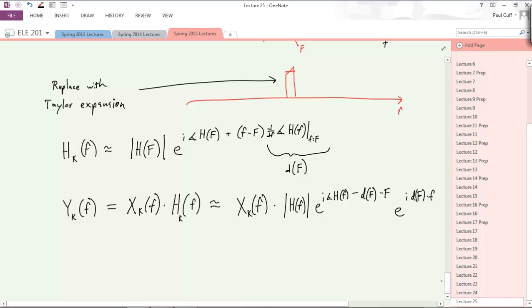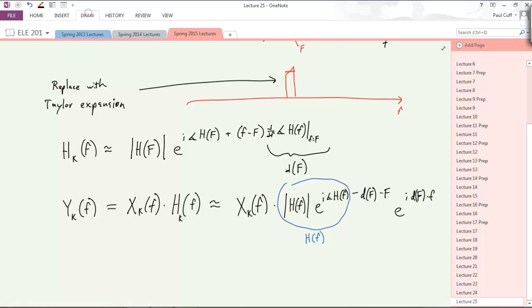Okay, so the point is this. This whole thing here is just h of f. This is just some constant phase tacked onto h of f.